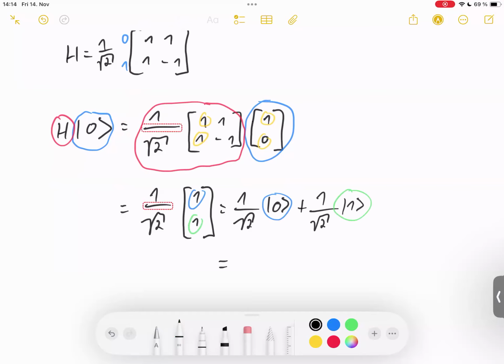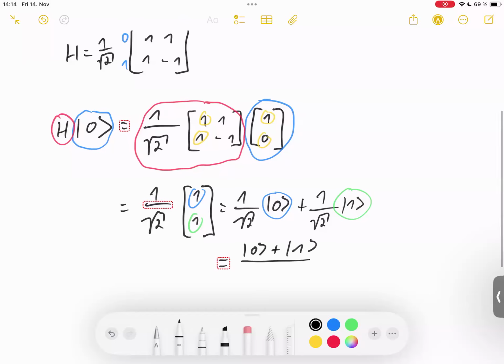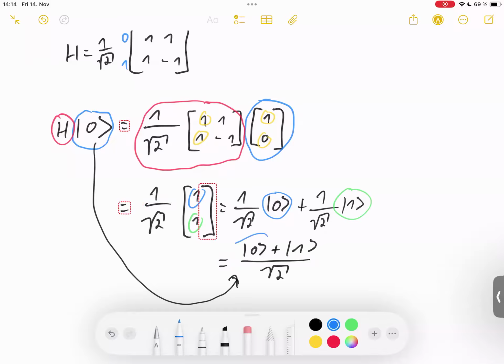We can rewrite this as 0 ket plus 1 ket divided by the square root of 2. So eventually, the 0 ket gets transformed to an equal superposition of 0 and 1. So we create an equal superposition with the Hadamard gate.